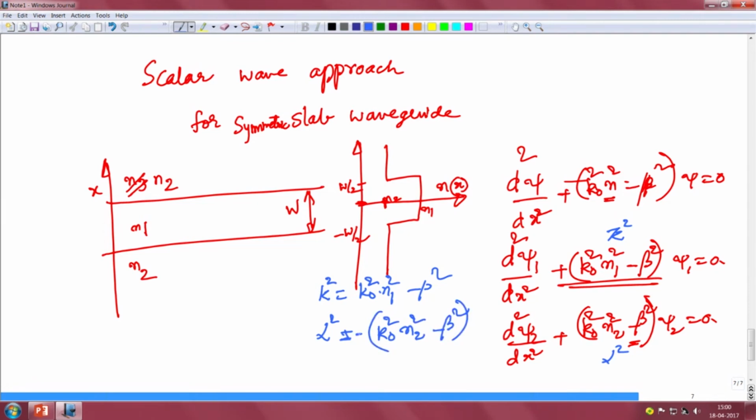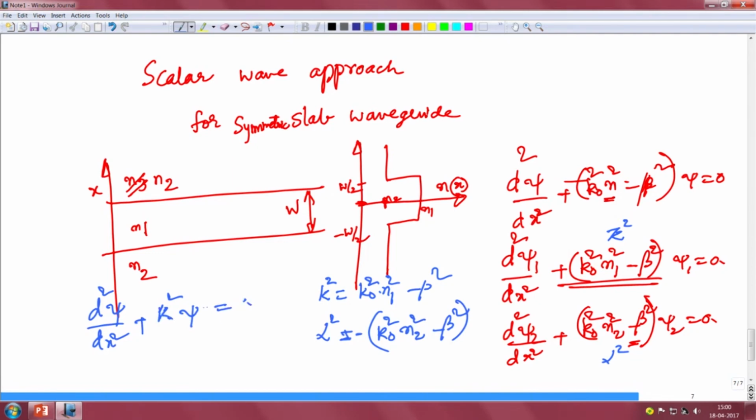So, the equation inside the core is d square psi by dx square plus k square psi equal to 0.